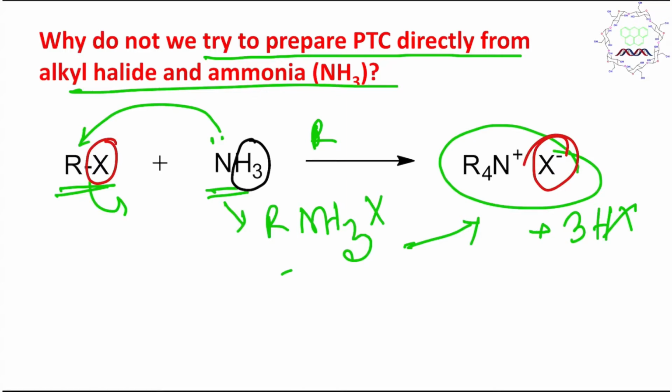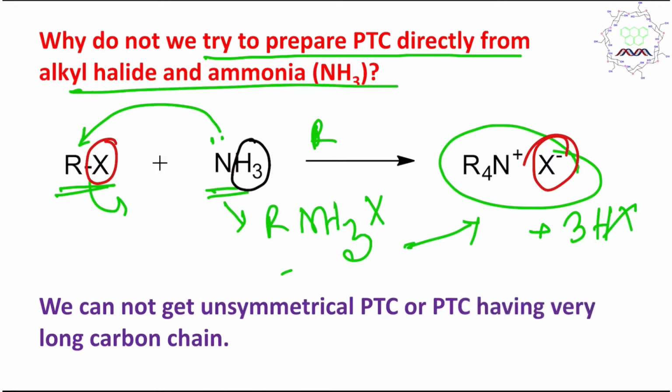So this we have understood, and why don't we prepare PTC in one step? It is easier, less time consuming, and since industry prefers such things, it is expected to be cheaper. But there is an issue. First of all, if you look at this R, what is the general nature? Generally R is a long alkyl chain.